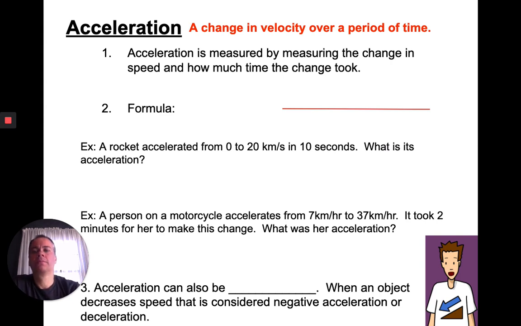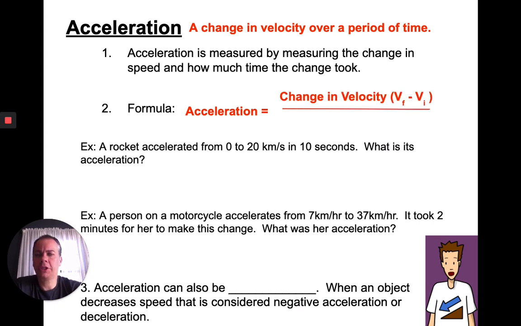The formula for us to calculate acceleration is the change in the velocity of the object divided by the time it took to change velocity.